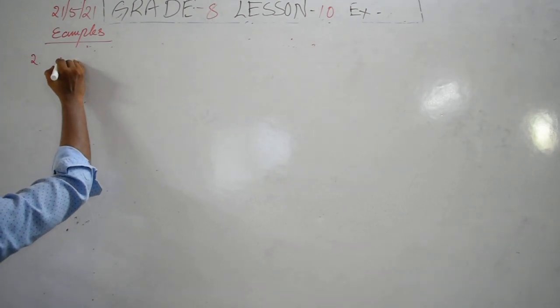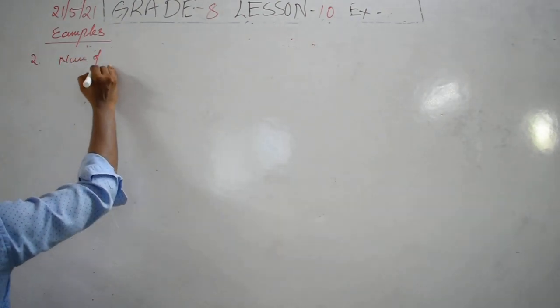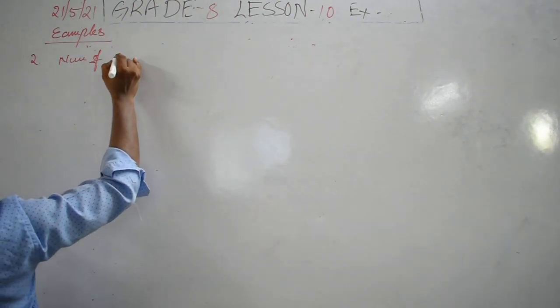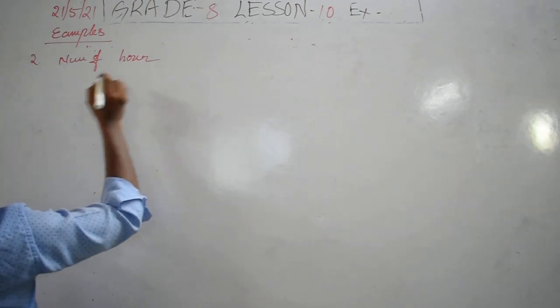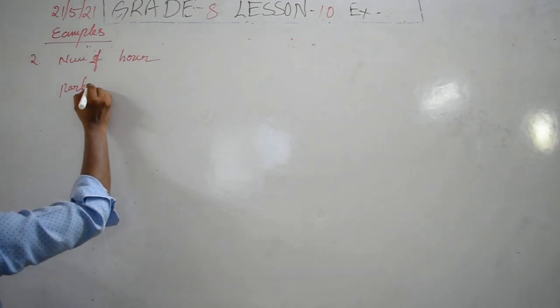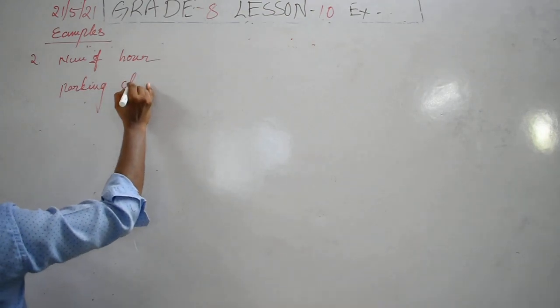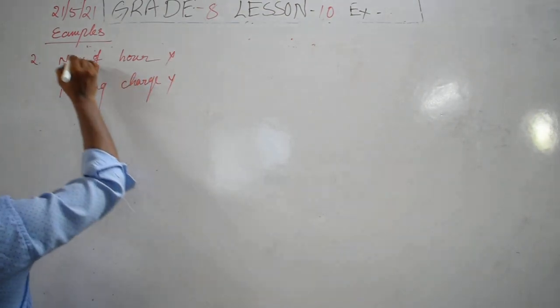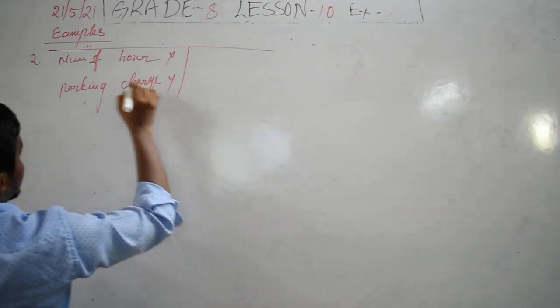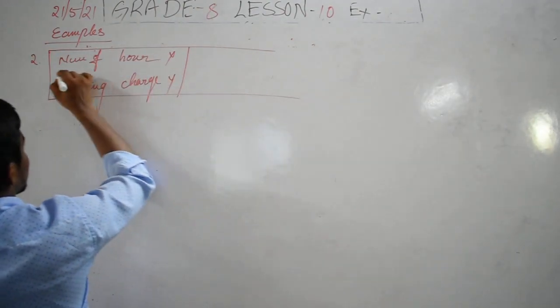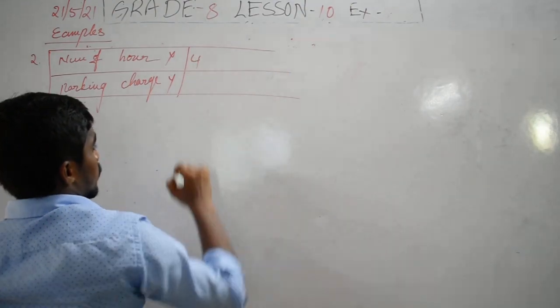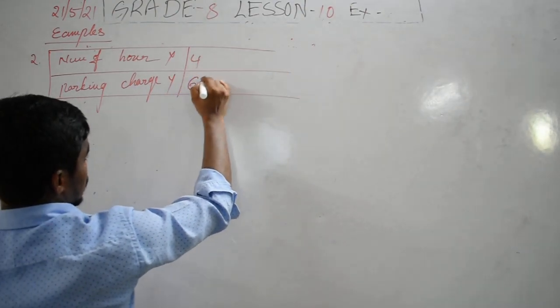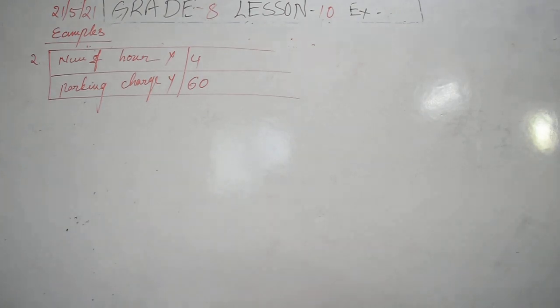Second one, number of hours and parking charge. This is the X quantity, this is the Y quantity. 4 hours, how much money? 60 rupees. 4 hours parking charge is 60 rupees.